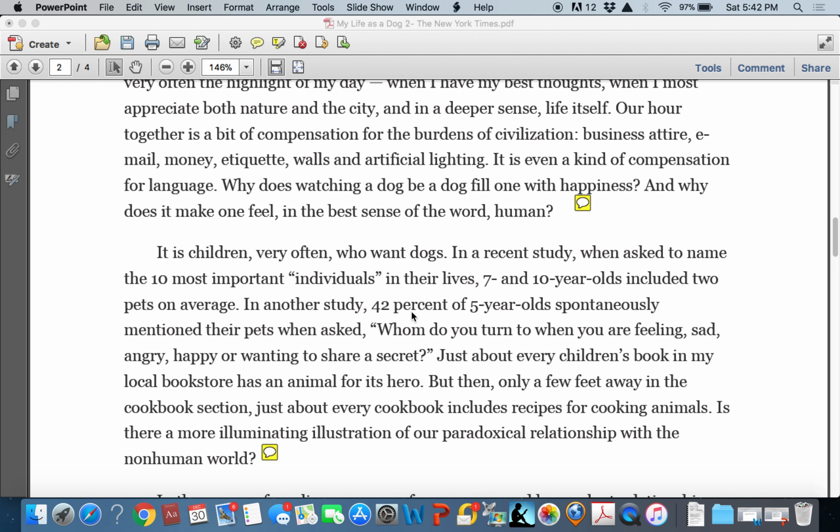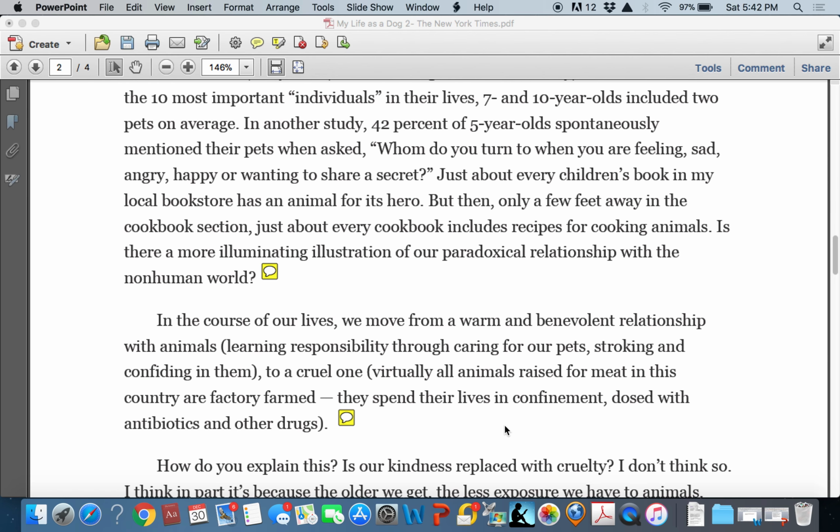In this paragraph, he talks about statistics in terms of how children benefit from having pets. So he gives us a little bit of that, but then turns to the paradox in that we love pets, but are also in the same world with an indifference to being cruel to the non-human world.